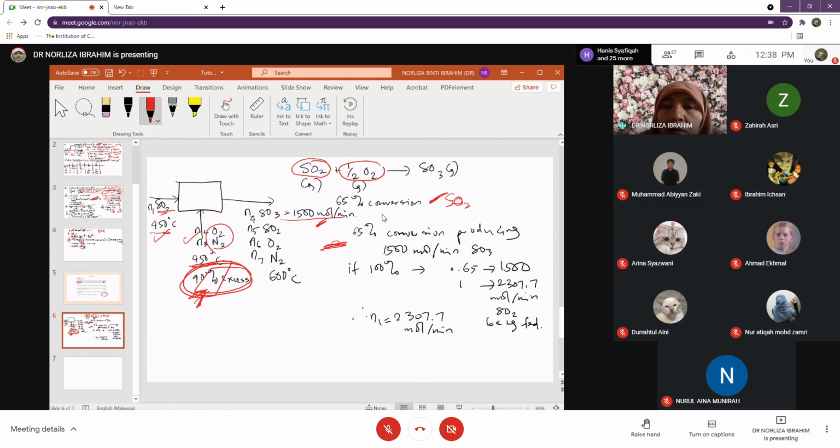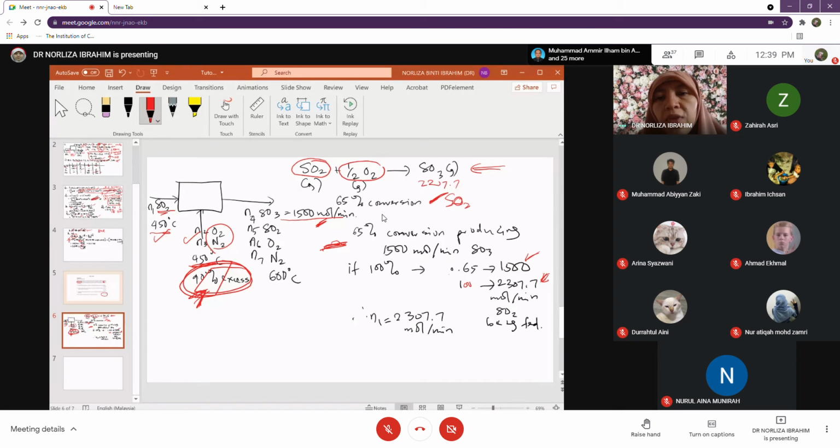A very straightforward calculation: if 0.65 conversion produces 1,500, then with 100% conversion I should have 2307.7 mole per minute SO3.